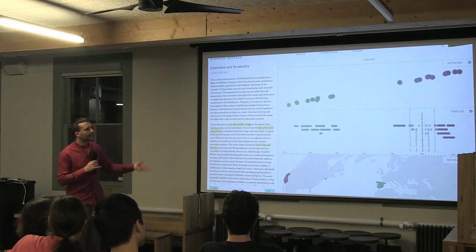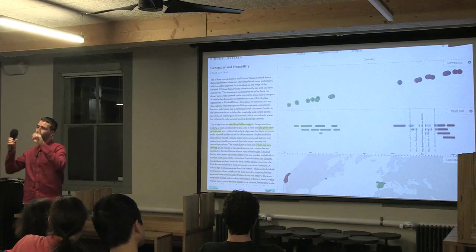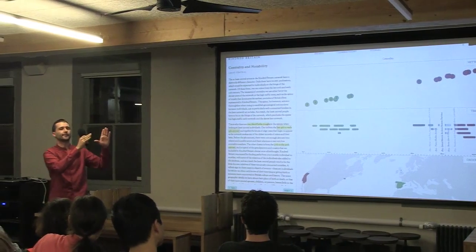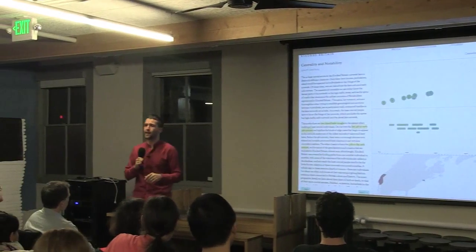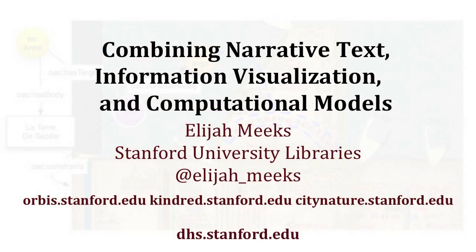And I think it creates a richer experience than data visualization existing in one ghetto on your website, your linear text existing in another ghetto on your website, and the model existing somewhere as something that you use a batch query on to create the data for the data visualization. I think tying all that together can create richer, more true, data-driven documents than if we leave them as these separate entities. And that's it for me.